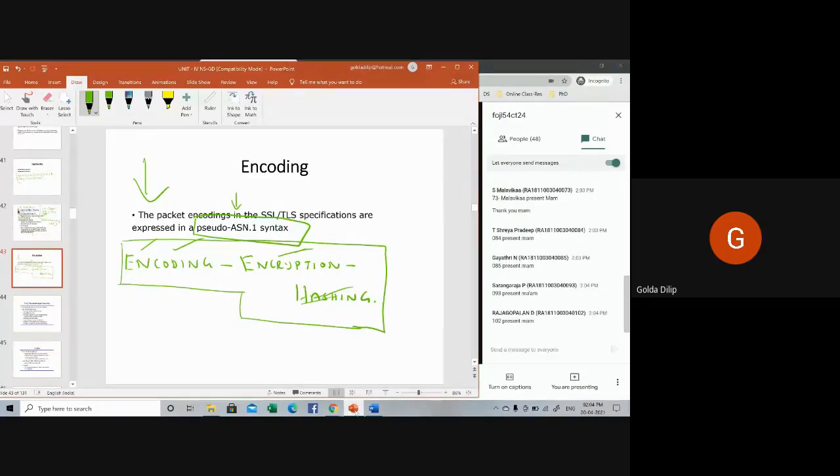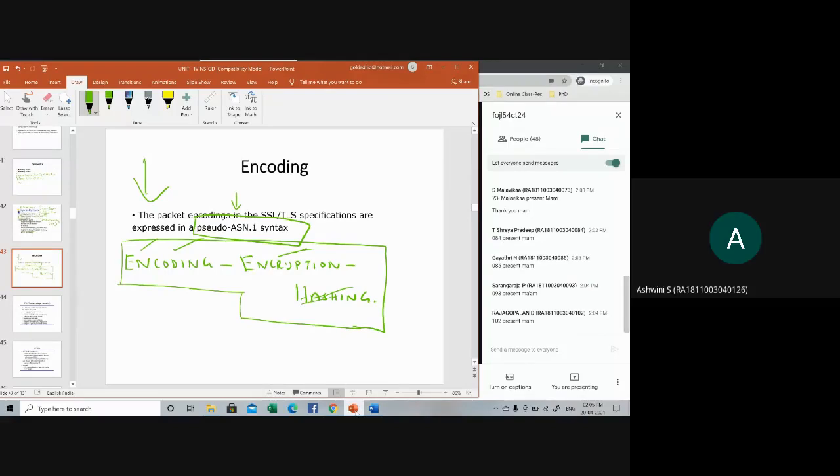Rajagopalan. Okay, noted. Binoy. 107. Present, ma'am. Animal Kumar. Present, ma'am. Karthikeyan. 123 is absent.